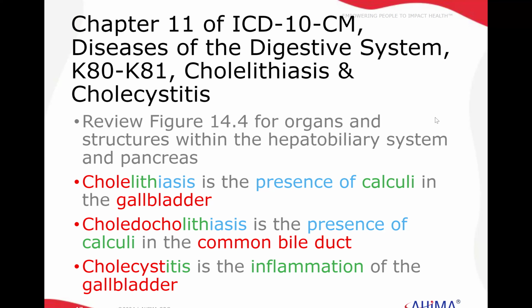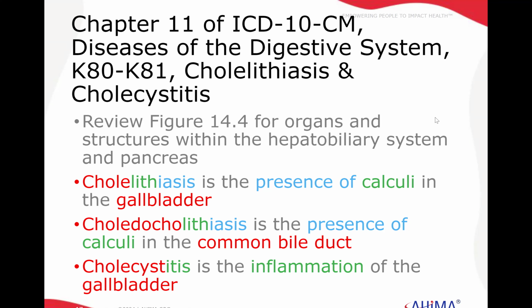Here's something that I referenced in the video announcement, and this is about the importance of being clear on whether it's cholelithiasis, cholecystitis, or choledocholithiasis. Cholelithiasis means calculi or stones in the gallbladder.